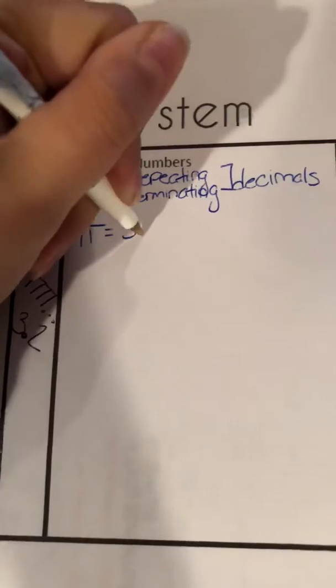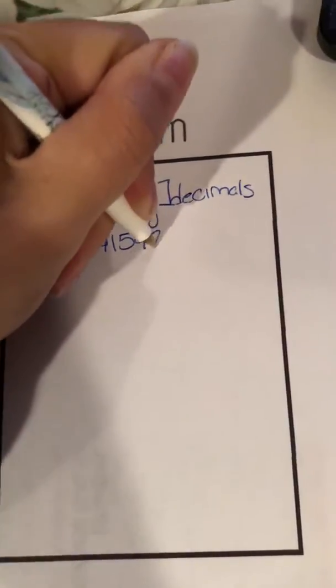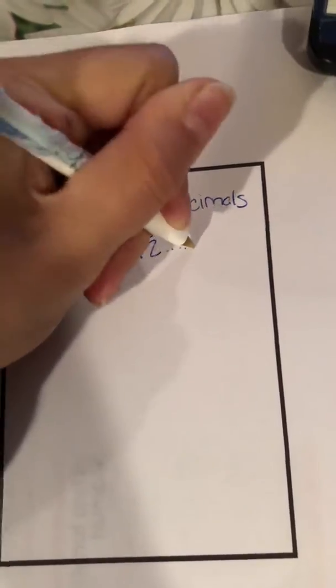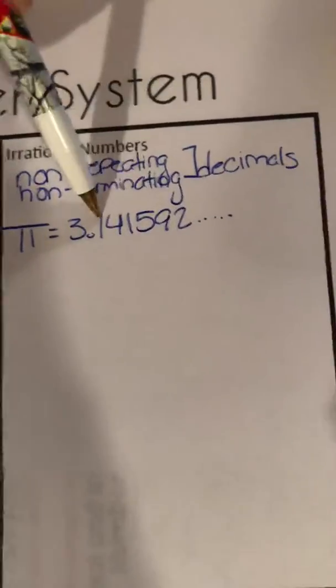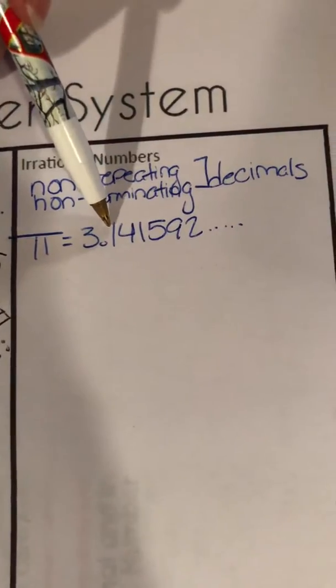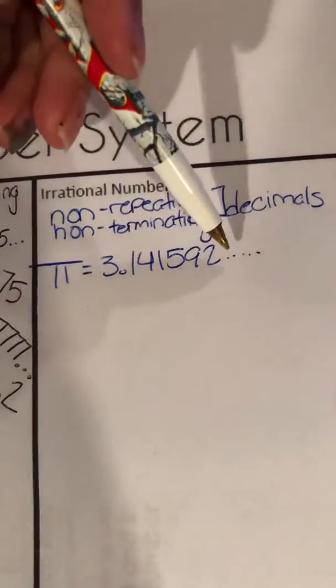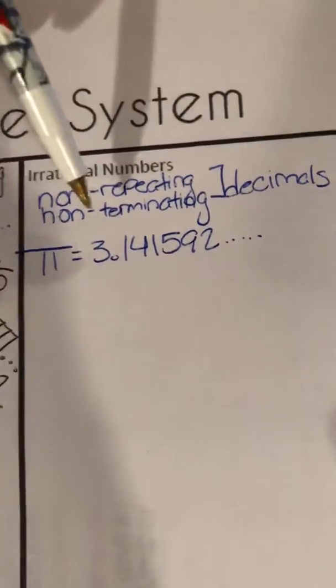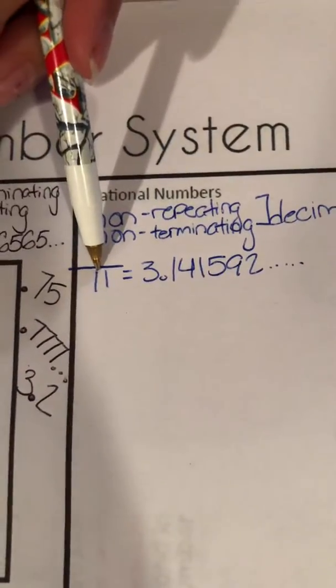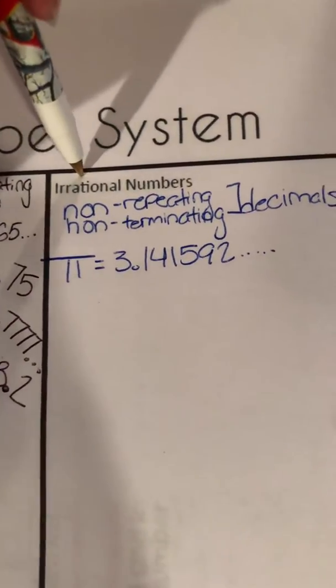Pi is 3.14159, I think 2 something, and then it continues on and on. There's no pattern in the decimal places. It does not repeat, and it continues on and on and on forever. Pi is an example of an irrational number.